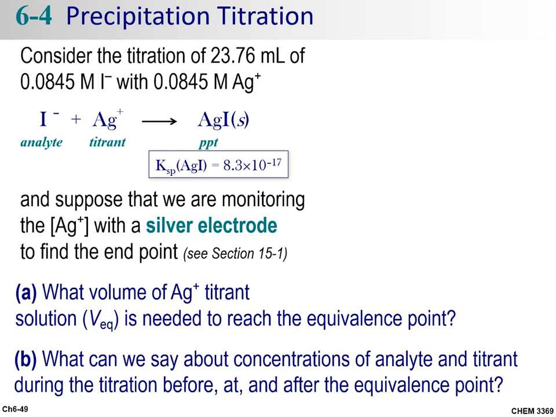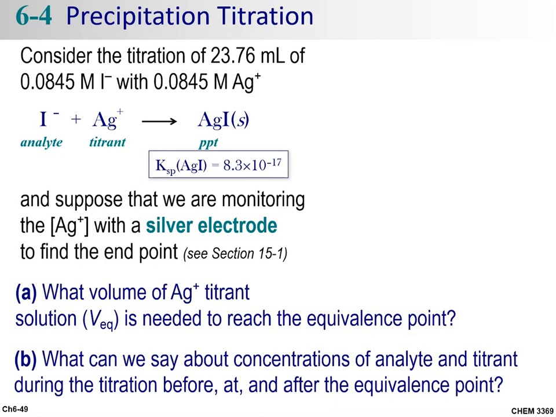The concentration of iodide is 0.0845, and we're titrating this solution with silver ions. The concentration of silver ions is 0.0845 moles per liter. Okay? So this is an example of argentometric titration because we're using silver plus ions.